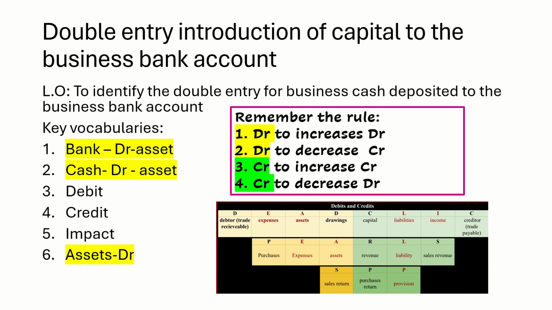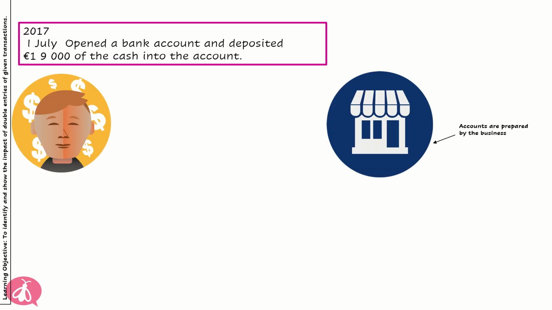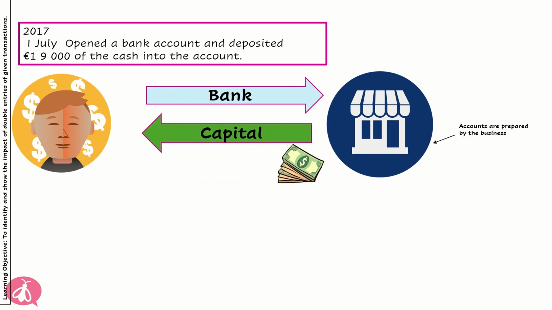Remember the rule: debit to increase debit, debit to decrease credit, credit to increase credit, credit to decrease debit. 1st July opened a bank account and deposited 90,000 of the cash into the account. In this case, bank increases, bank comes into the business, and the business opens an account for the owner as capital.